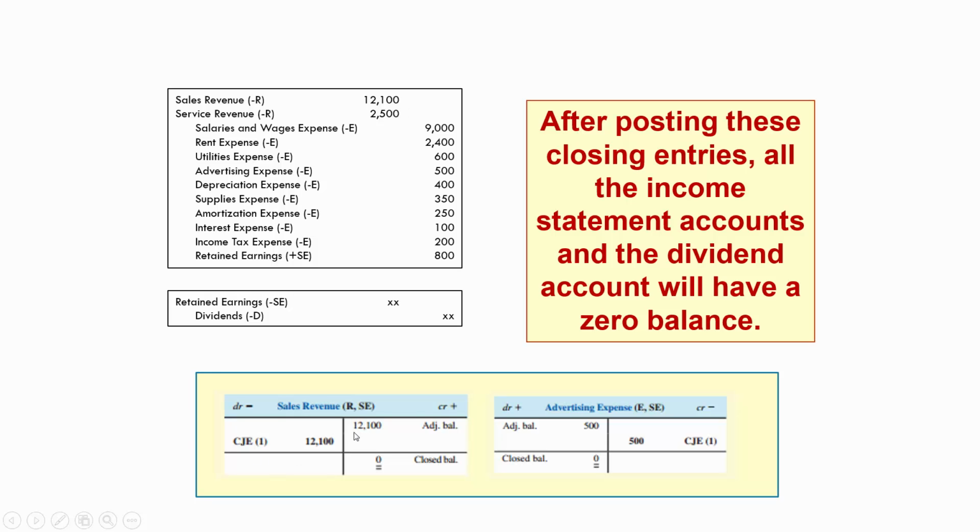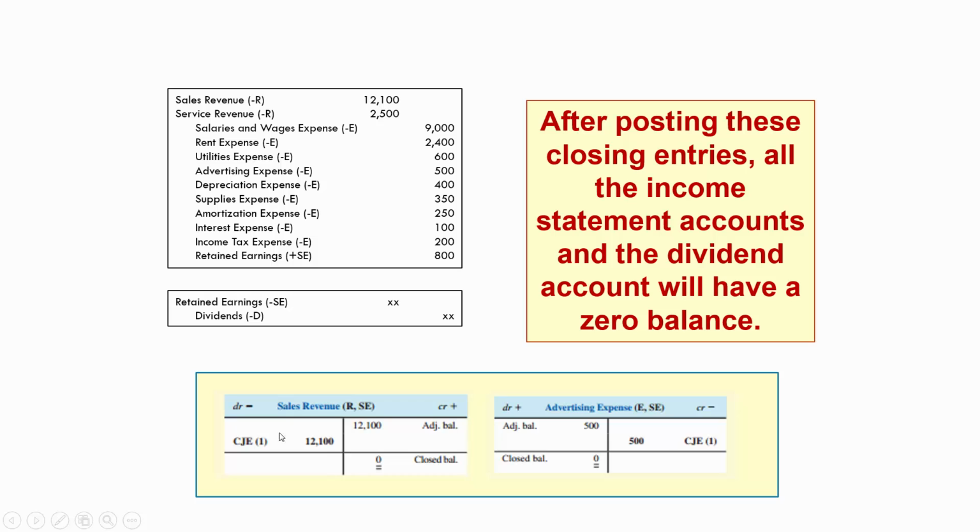We started out with an adjusted balance of $12,100 credit. We create the debit journal entry up here, which is a closing journal entry of $12,100, and afterwards we have zero balance. Advertising expense, $500 here, which is showing up here. It had an adjusted balance prior to that of $500. It takes it away, makes it zero.